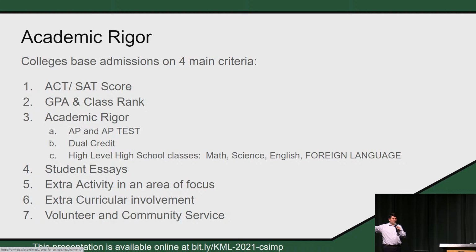If your child is interested in chemistry and wants to go to an elite school, they need to show extra interest in chemistry. If they're interested in business and want to go to an elite school for business, they need to show extra initiative in that.